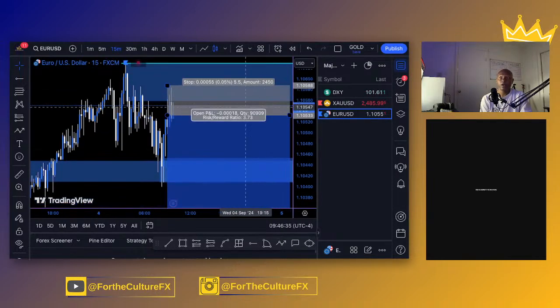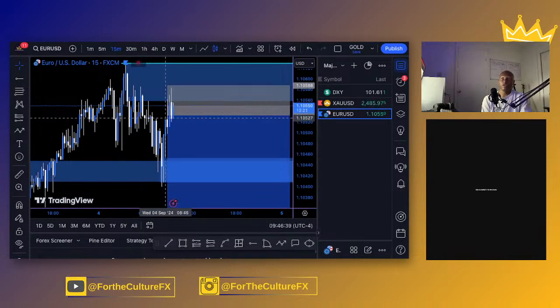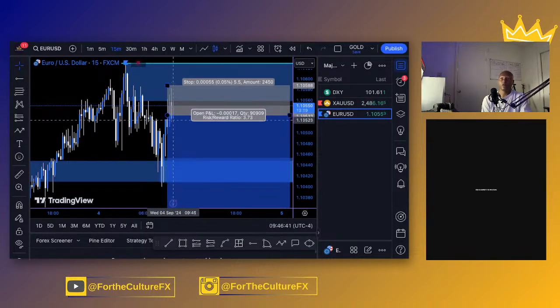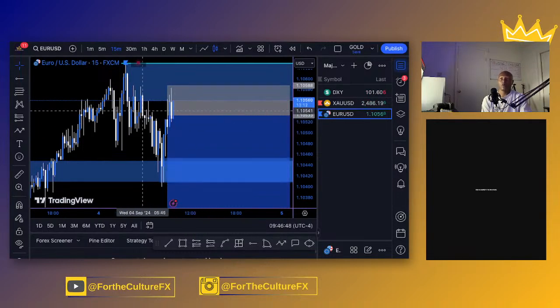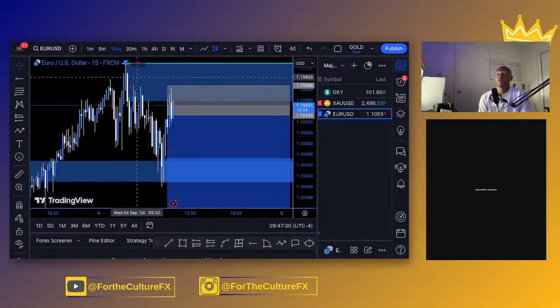You can see right now we're getting a pullback here, but this current 15-minute candle doesn't have a bottom wick, so there's a chance that we can get a flip here and price form that bottom wick, and we'll see how price goes from there. If we just get pushed out, then we get pushed out. It'll be a 0.5 risk, but that's essentially what I'm looking at here.